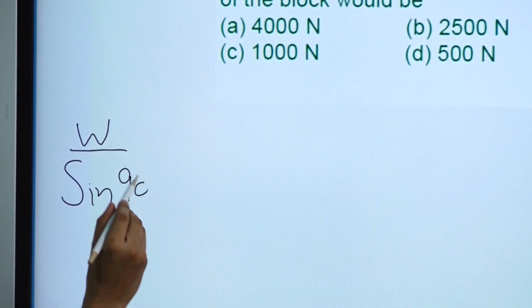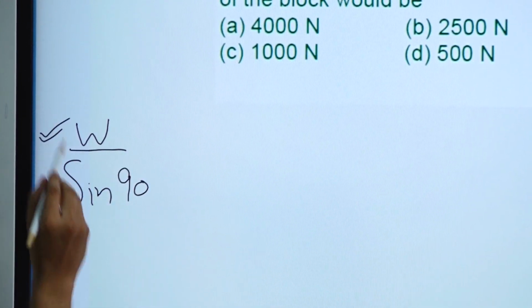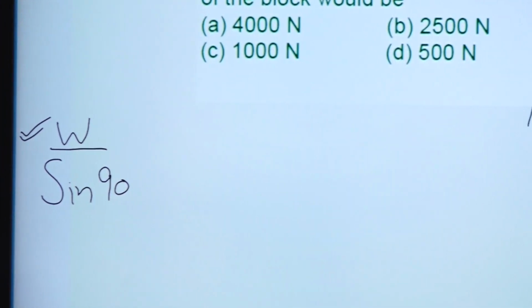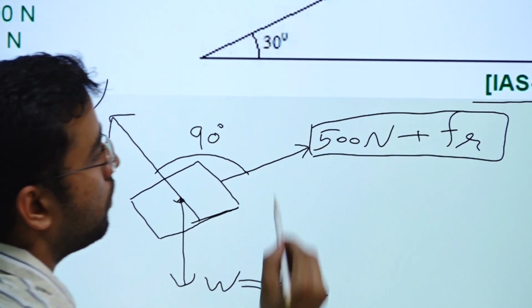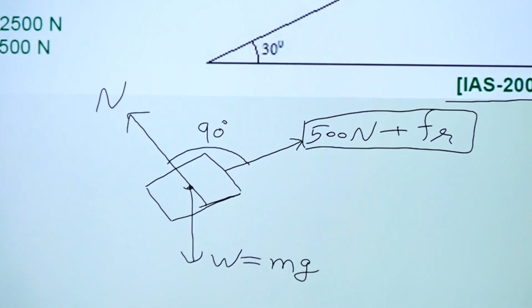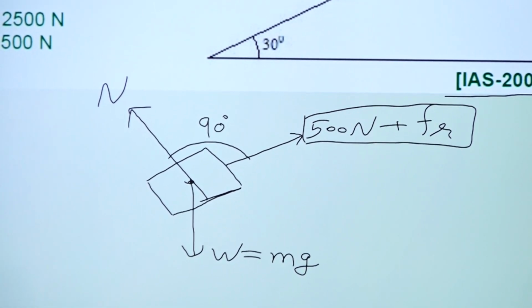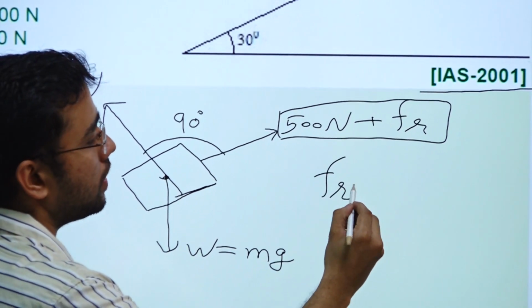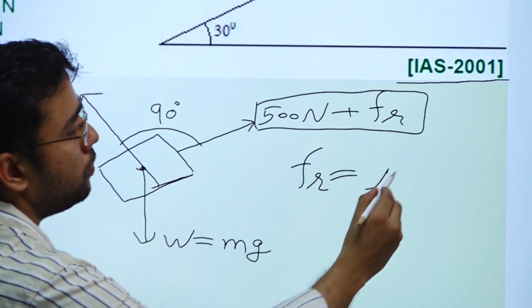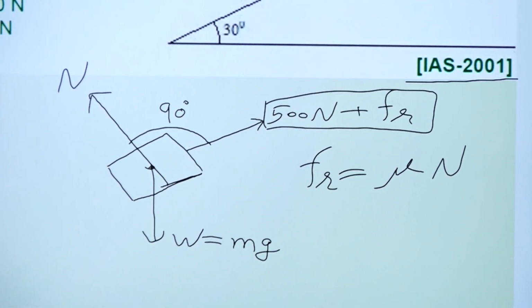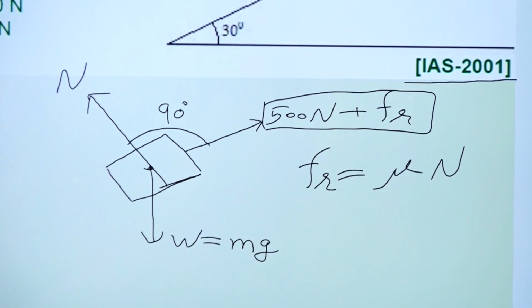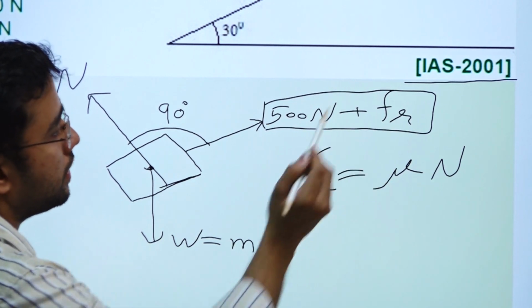This W is what we need to find. Now we have this force, 500 Newton plus friction. The friction force is nothing but mu times N, the normal force between the block and the wedge. So we will substitute mu N in this equation.